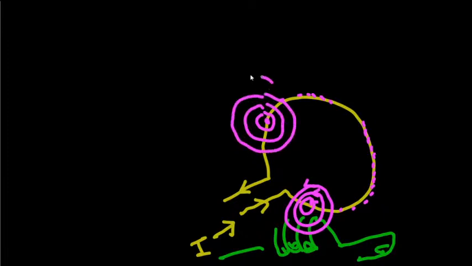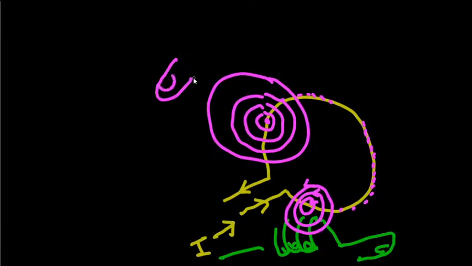If I take one more point this side, here also I'll have field lines in the form of concentric rings. Now my thumb over here is pointing down, and my fingers are curling outside like that over there.